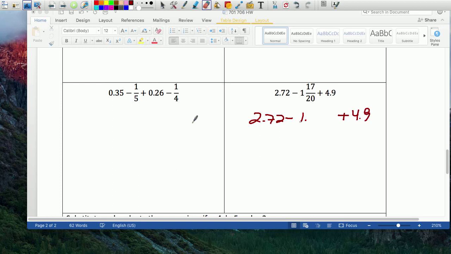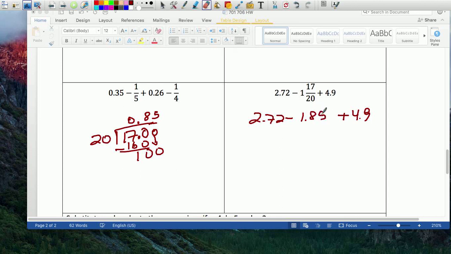To figure that out, you could have taken a minute. 17 divided by 20. 20 does not go into 1, does not go into 17, so we're going to add a decimal here, a decimal here. 20 goes into 178 times, which is 160. Subtract, you get 10, bring down the 0. 20 goes into 100 5 times, 0.85. So 1 and 17 over 20 is 1.85.